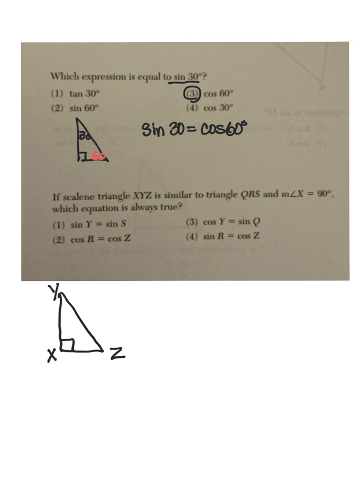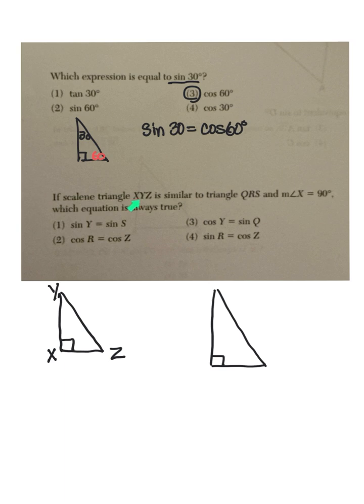Now there's another triangle that's similar to that one. You can make it bigger or you can make it smaller, that's completely up to you, and it is called triangle QRS. Just be careful because here X was the right angle. Since X comes first in these three letters, Q also comes first in these three letters.